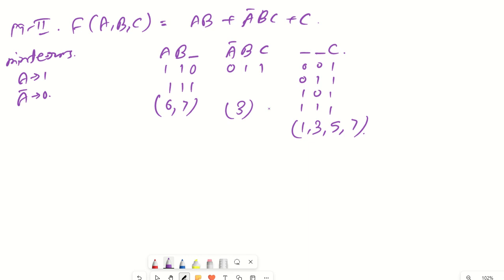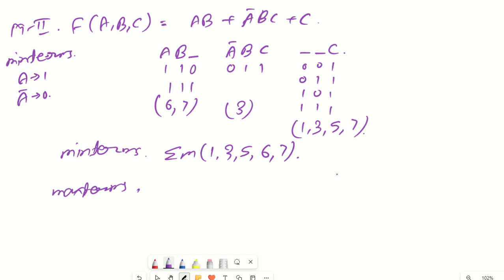My min term expression is going to be summation of min terms of, list out all the numbers that are there, the unique ones. So the redundant ones you can remove. Okay, so we have 1, 3 is there, then 5, 6, 7. So I can see 1, 3, 5, 6, 7. Understood?